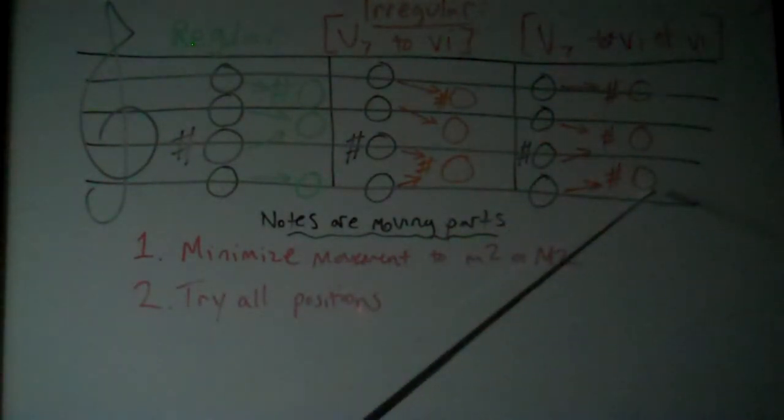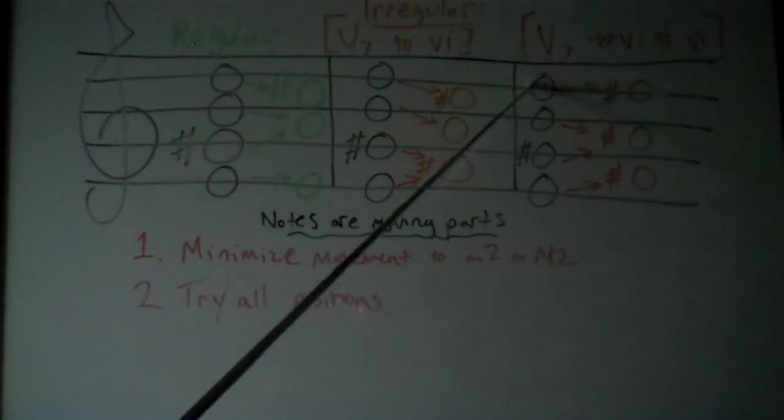And so E is raised to F sharp, G sharp and B resolve inward to A sharp, and D raises up to D sharp. And so this is D sharp minor.